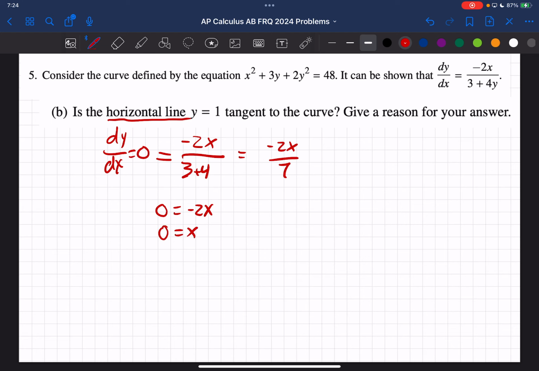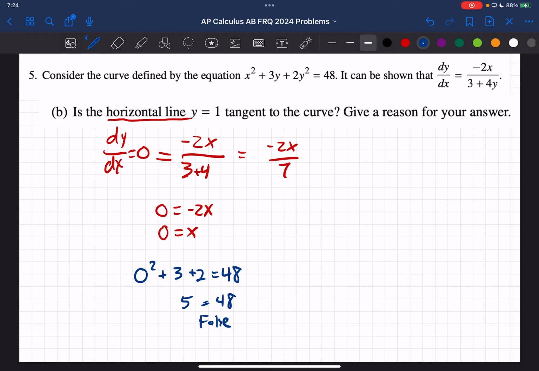So given these conditions, we have a y value of 1 and an x value of 0. The question is, is this horizontal line tangent to the curve? So we have to figure out, is the point 0, 1 on this curve? If I plug in 0 for x and 1 for y, does this work? Well, the answer is no. This produces a false statement.